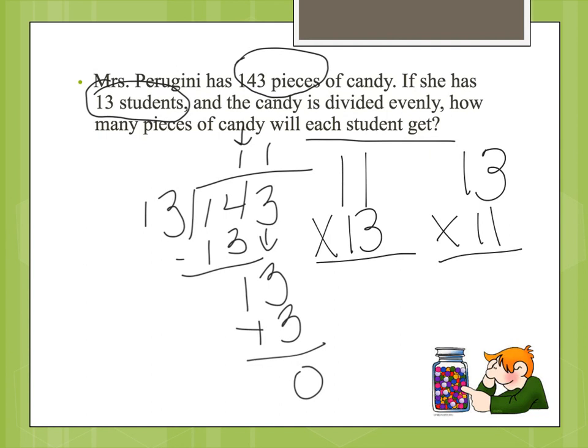So 1 times 3 is 3, and 1 times 1 is 1. And I've multiplied every number on the top times the 1 on the bottom factor. So now I'm going to put a 0 here as a placeholder. So now 1 times 3 is 3 tens, and 1 times 1 is 100.